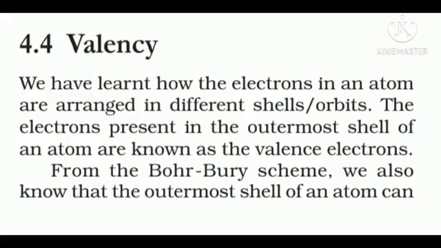We also know that the outermost shell of an atom can accommodate a maximum of 8 electrons. It was observed that the atoms of elements having a completely filled outermost shell show little chemical activity. In other words, their combining capacity or valency is 0.